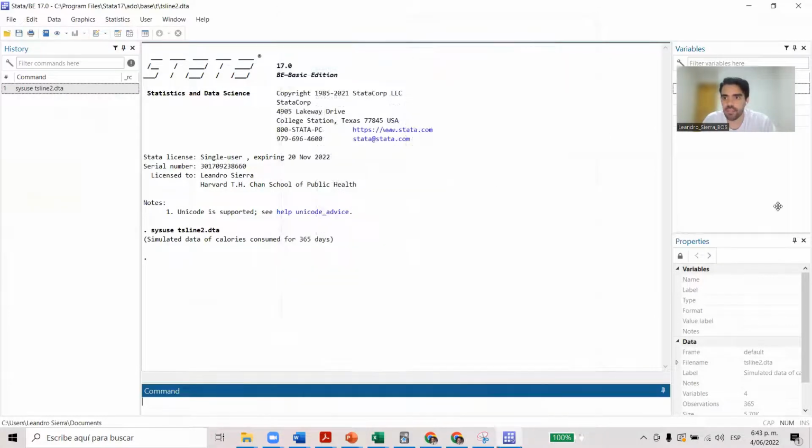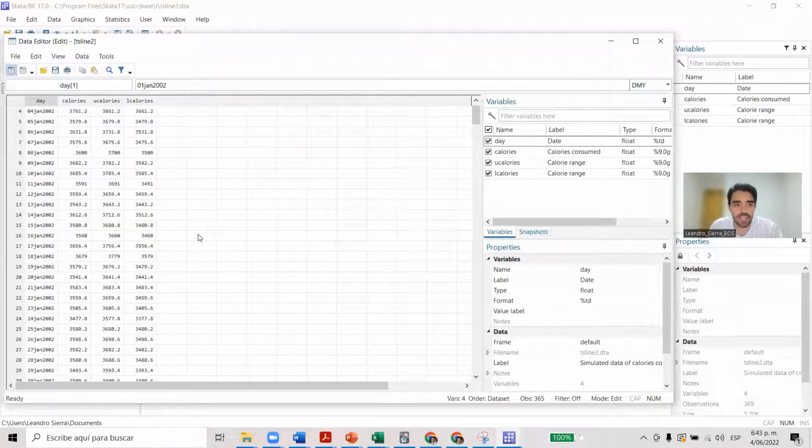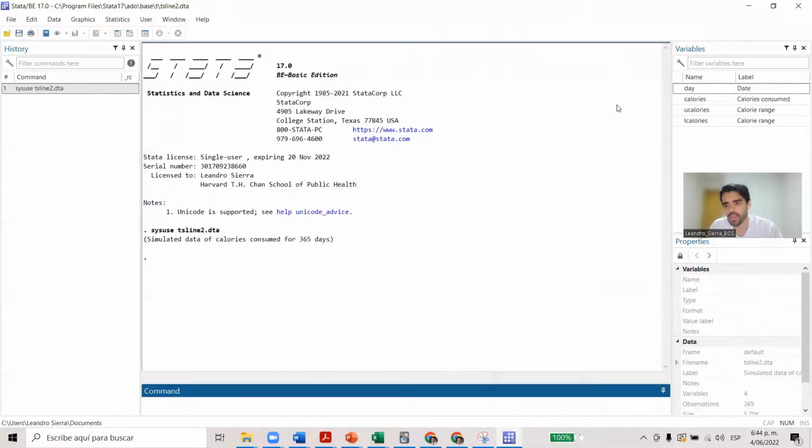If we click here, we can see the data set. I found it really interesting because we can see how many calories a person, I don't know who, consumed each day of the year 2002. So let's test if this data was normally distributed.